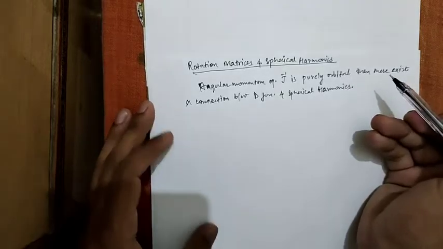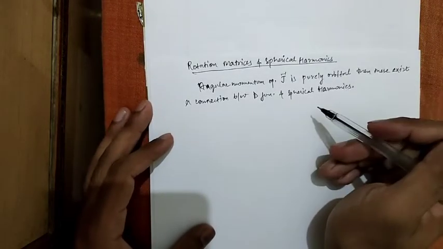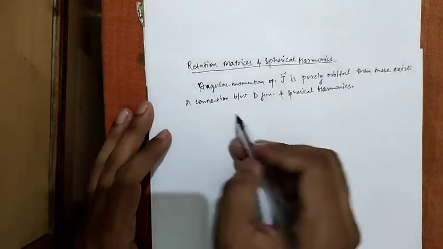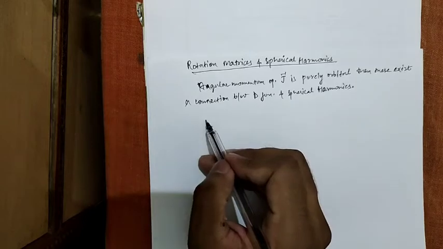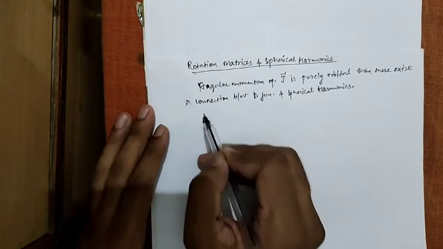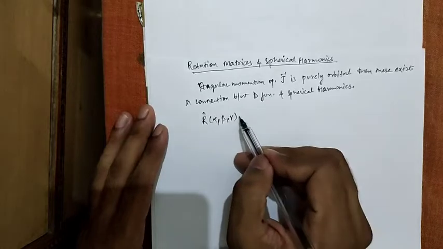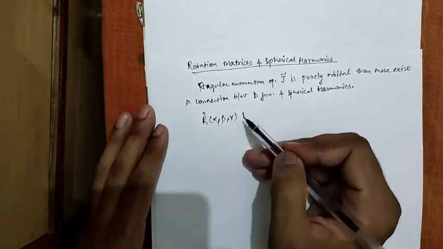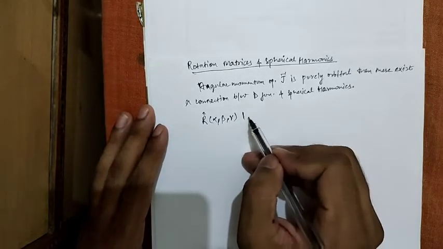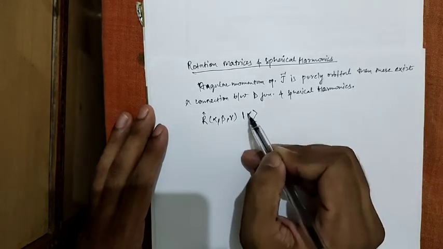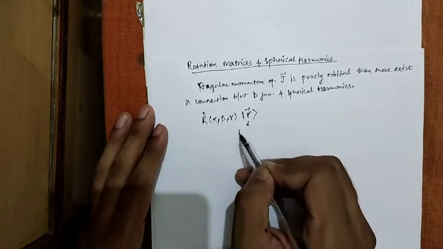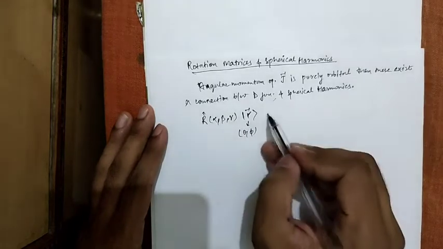To understand what type of function exists and how it exists, let's take an example. Consider the operator R(alpha, beta, gamma) when it acts on a position vector r, which is pointing in the direction of theta and phi.